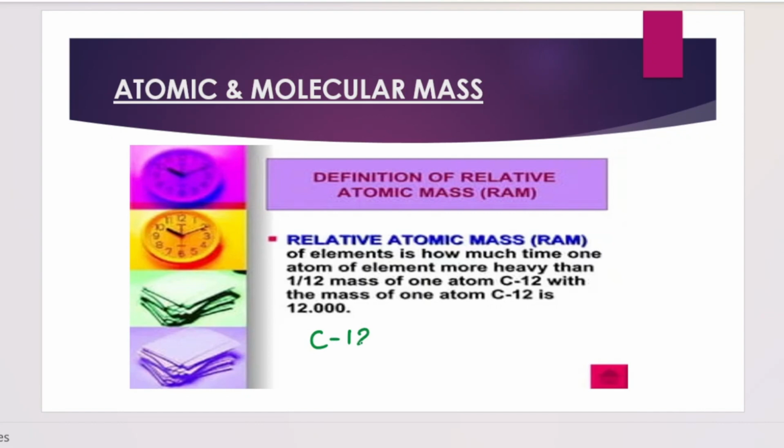C12 isotope of carbon is assigned atomic mass of 12U. U is unified mass. It is also known as atomic mass unit. And therefore 1U is equal to 1/12 of C12.